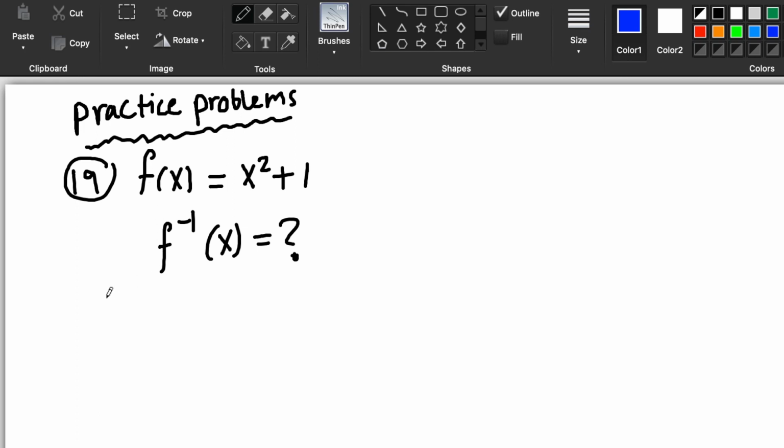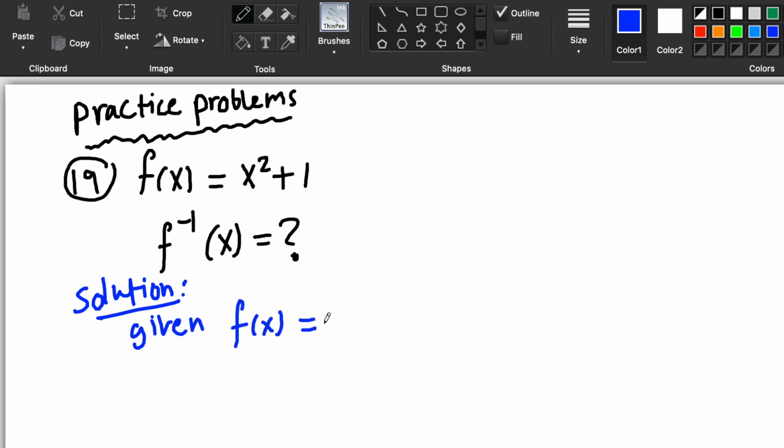The first thing we need to do is, given f of x equals x squared plus 1, which is y equals x squared plus 1.